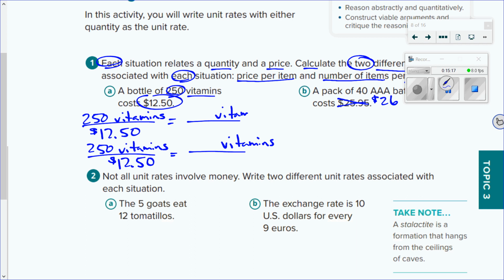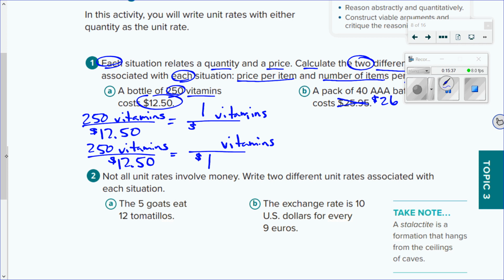Vitamins and dollars. What they're saying is, I want one in the price per item. In other words, what does it cost me for one vitamin? And the other one, I want the number of items per dollar, so I want $1.